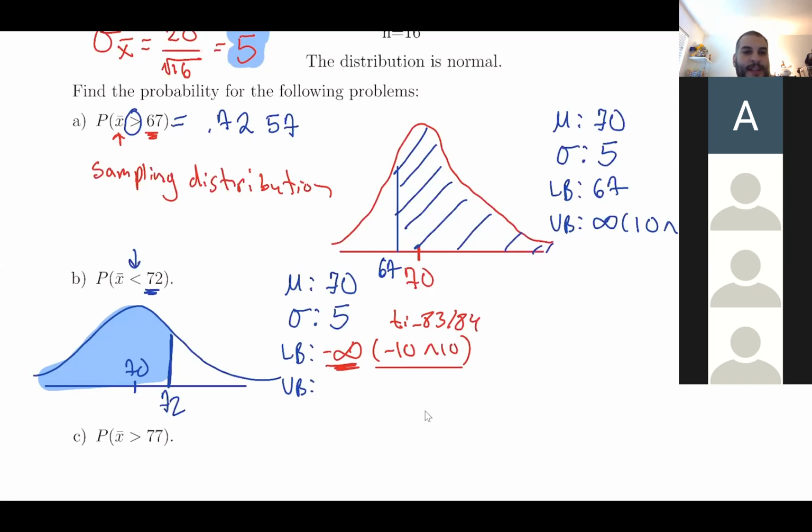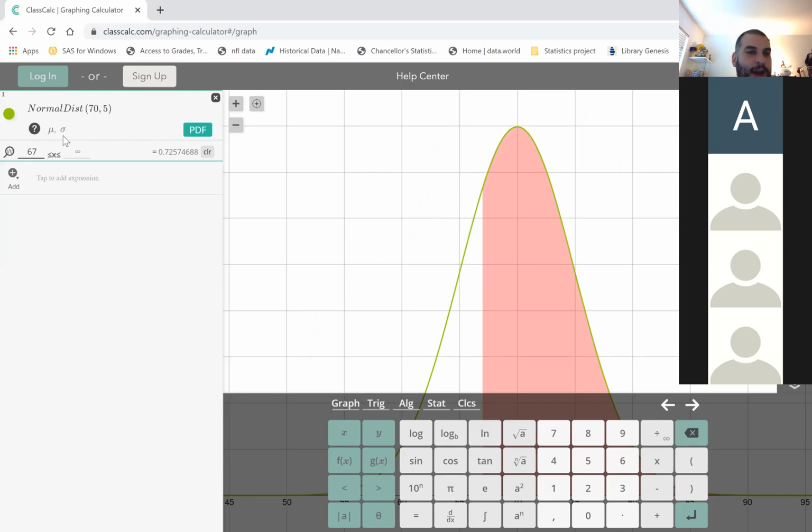What's the upper bound in this case? 72. Yeah, 72. So we put 72. All right, so we're going to work this out on class calc. The good thing about class calc is it already had this information saved about the normal distribution of 70 comma 5.